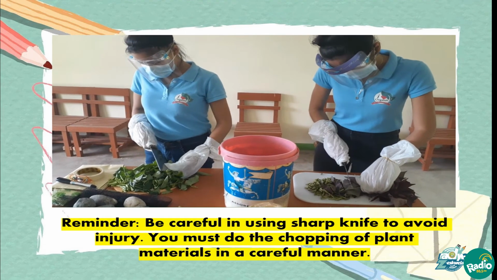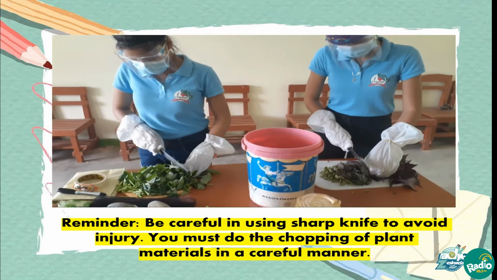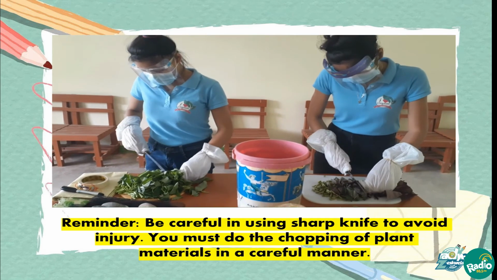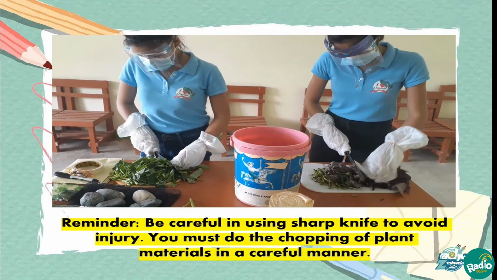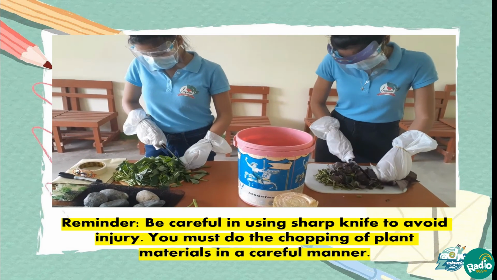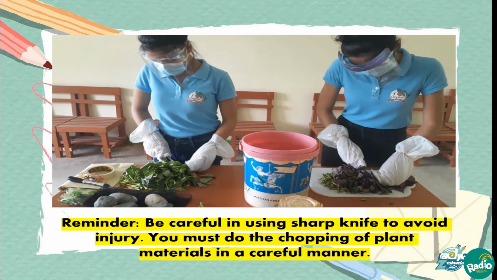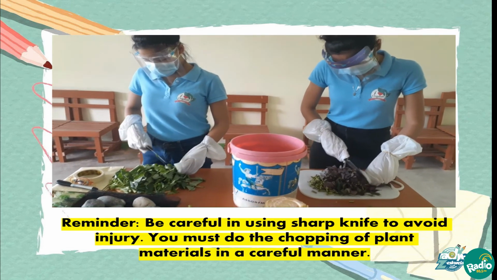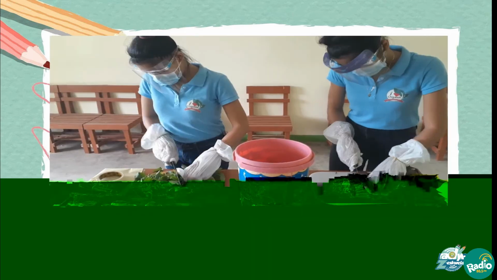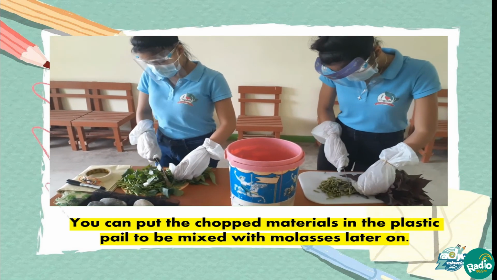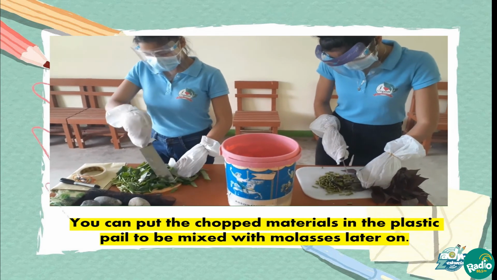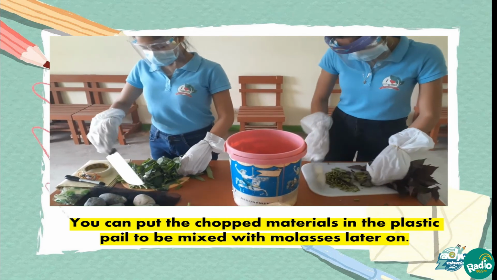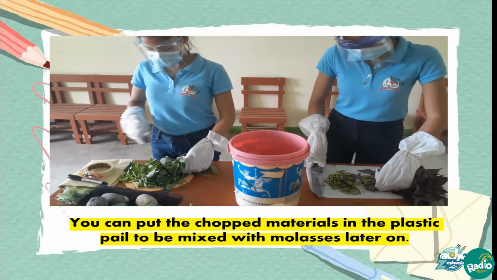Just a simple reminder, be careful in using a sharp knife to avoid injury. You must do the chopping of plant materials in a careful manner. You can put the chopped materials in the plastic pail to be mixed with molasses later on.